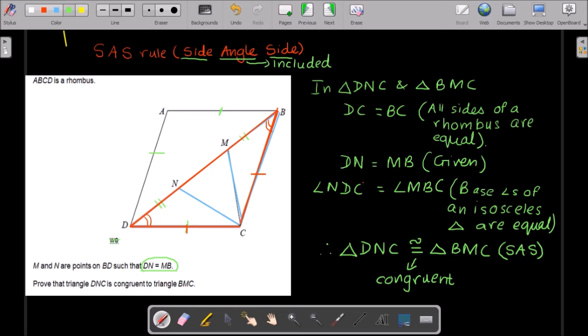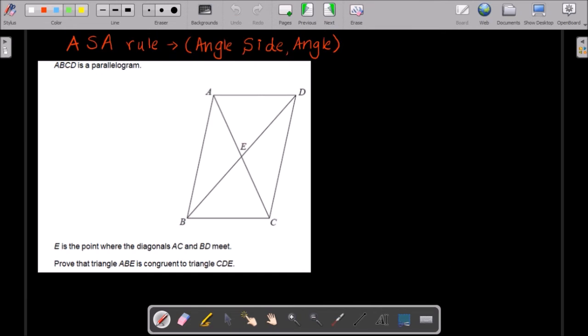There we go. Okay, so we've looked at the SSS rule, no stipulation. SAS rule, the angle has to be an included angle. That was the stipulation in that one. And the next rule we're going to be looking at is the angle side angle rule.